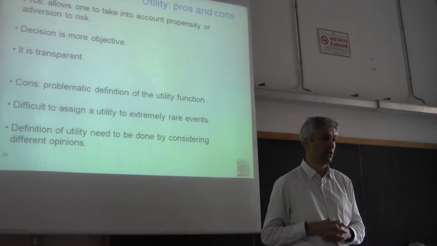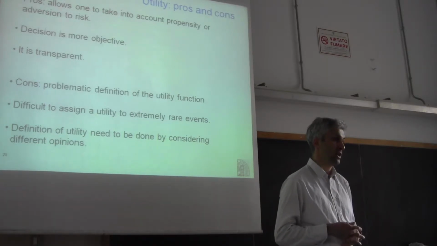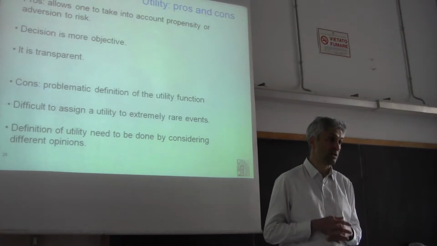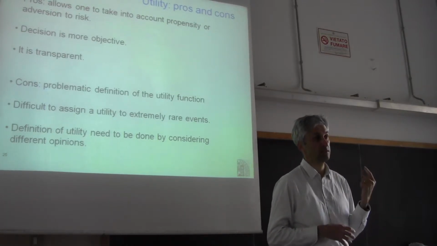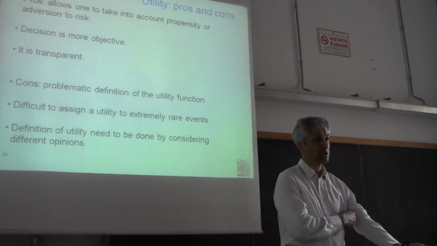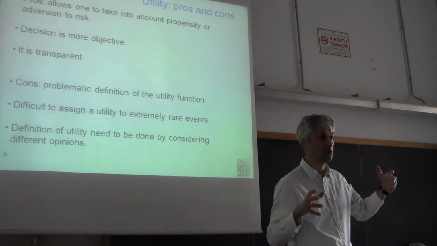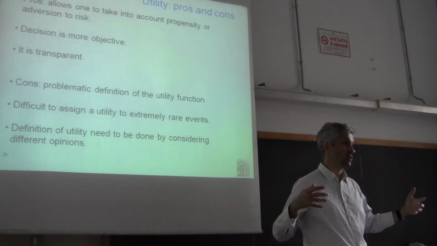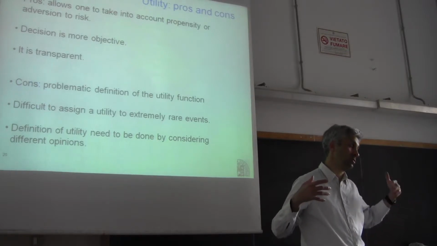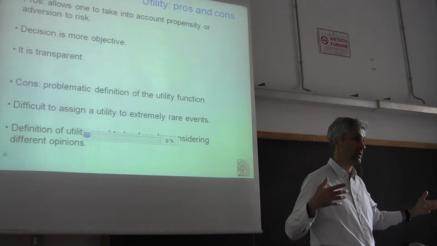In our case, for instance, if you were told that you run the risk of experiencing a drought with a return period of 1,000 years, return period means that such event happens on average every 1,000 years, we have no clue of what it means. So basically it's difficult for us to establish whether or not we are willing to run such a risk.